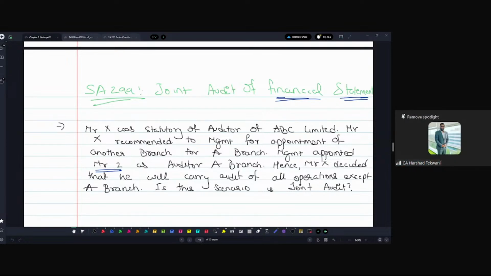Strategy and audit planning also. Joint responsibilities in the case where work is not divided among them. Okay. Anything else? Anything else you guys would discuss?